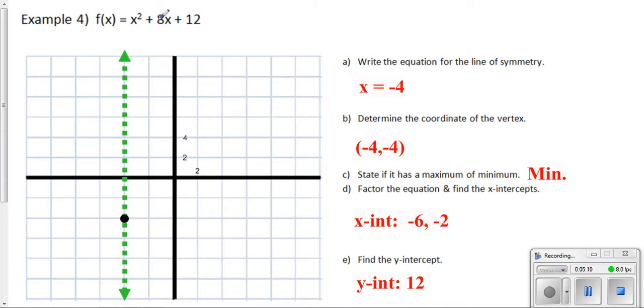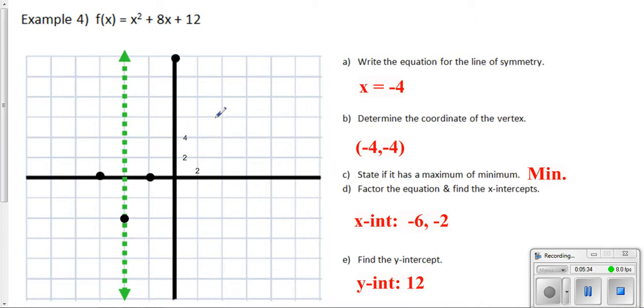So the next thing that I want to go ahead and plot is my x-intercepts. So I would have negative 6 and negative 2 as my x-intercepts. And lastly, I'm going to go ahead and plot my y-intercept, which is 12. So my y-intercept, 2, 4, 6, 8, 10, and 12 being up here.